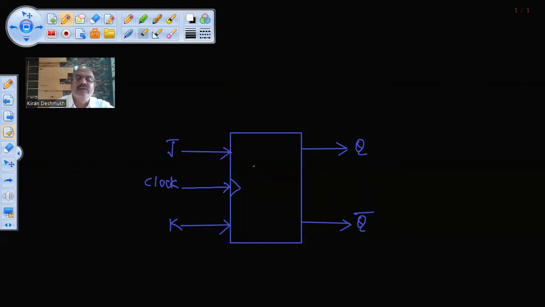Okay. So this is a symbol for the positive edge triggered JK flip flop. If it is negative edge triggered, you just have to make this change: add a bubble along with the triangle like this.